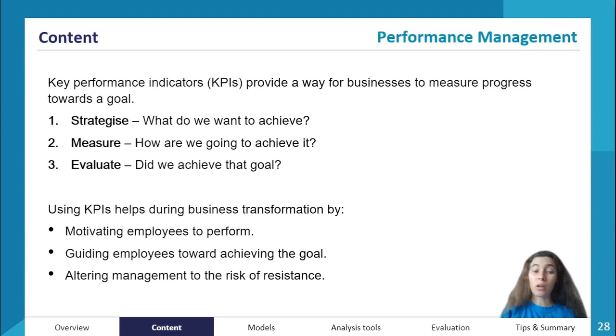And then also alerting management to the risk of resistance as well. That is something that will come through if different employees don't strive to meet KPIs, then that is perhaps going to be a bit of a signal that they aren't aligned with the overall direction that the business is heading.